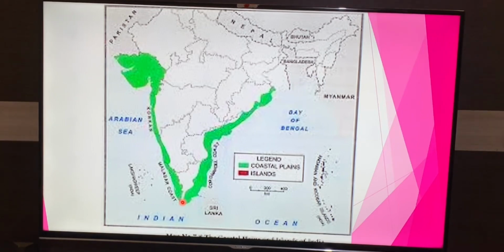This is the place where Nilgiri is located. Western Ghats are continuous, whereas Eastern Ghats are not continuous. Western Ghats are high, Eastern Ghats are not high.